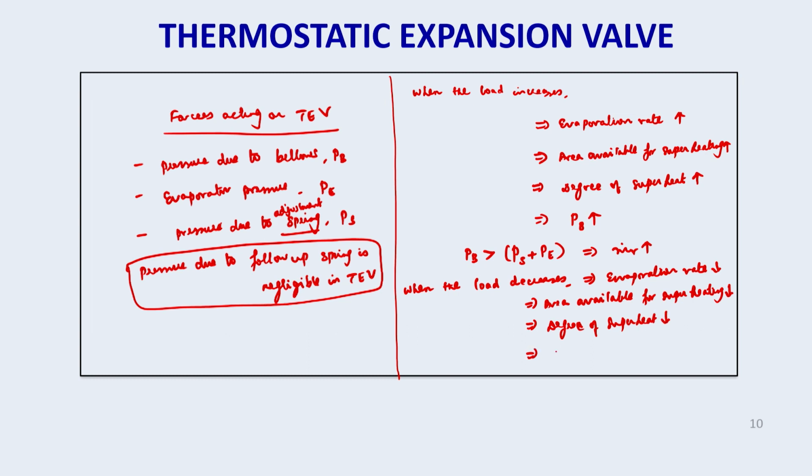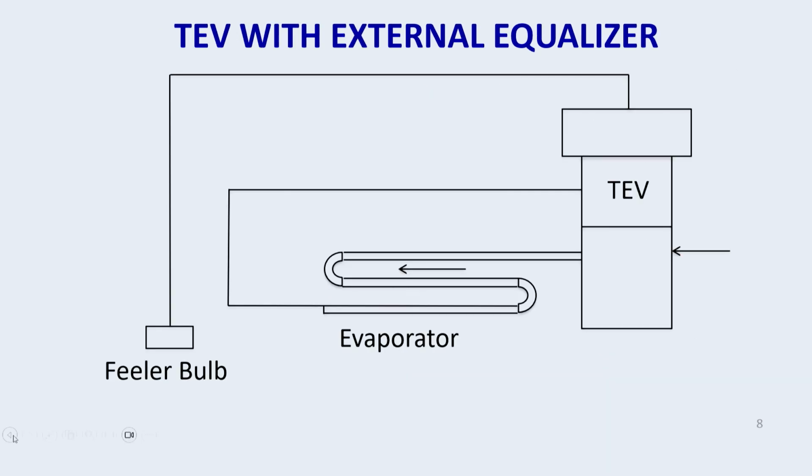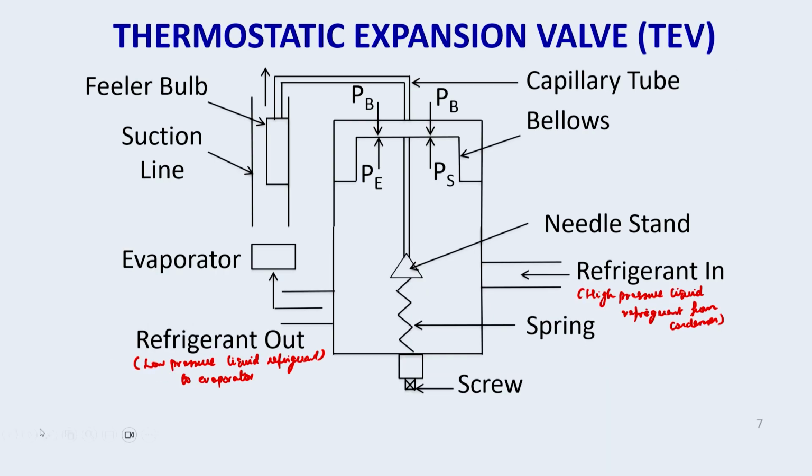And due to this, the pressure exerted on the bellows will decrease. If PB is decreasing, then PB will be less than the sum of the other two forces, which will reduce the mass flow of the refrigerant. Thus the thermostatic expansion valve is maintaining a constant degree of superheat.